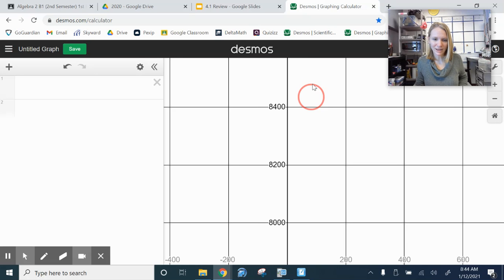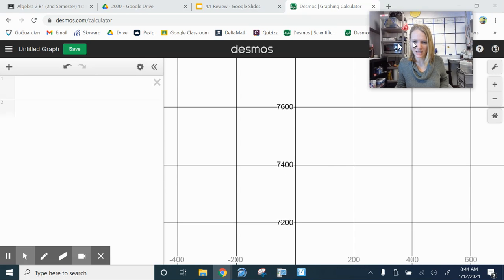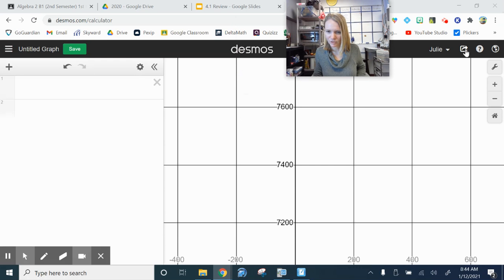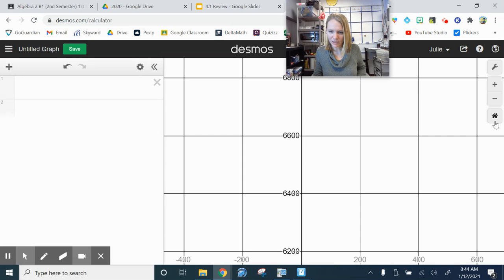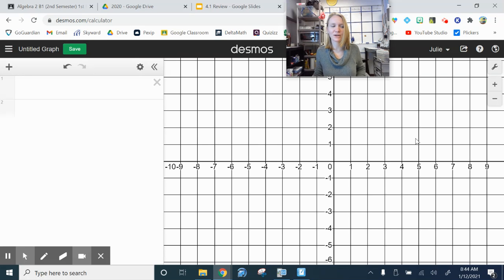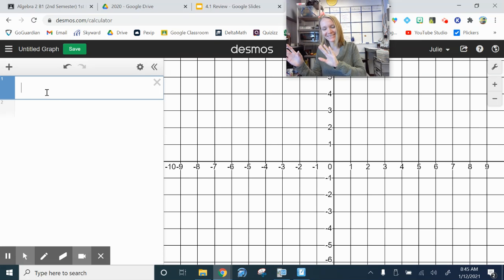That's one thing about Desmos, I don't think there's a reset button. Oh, wait, there is a reset button. The little home button will take you back to your 10 by 10. Oh, that's very handy. I didn't know it did that. The more you know.